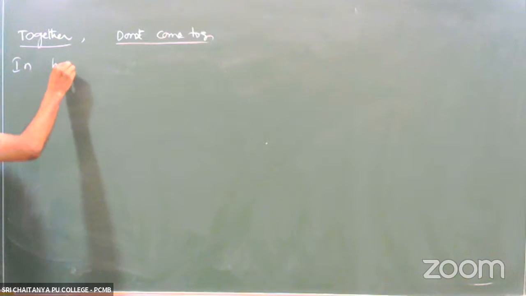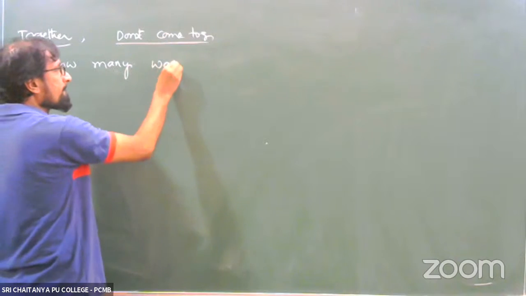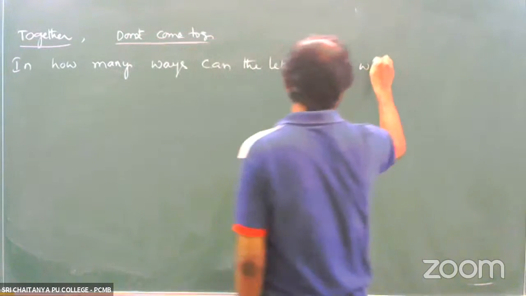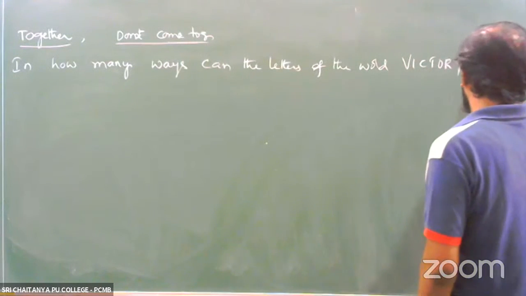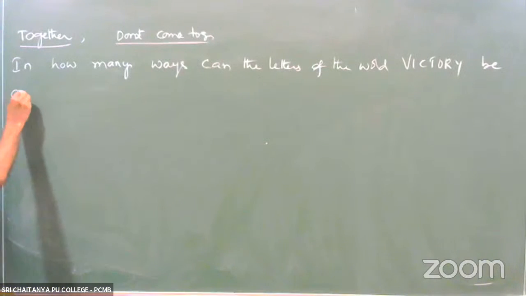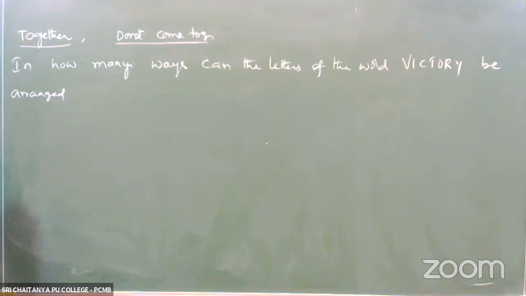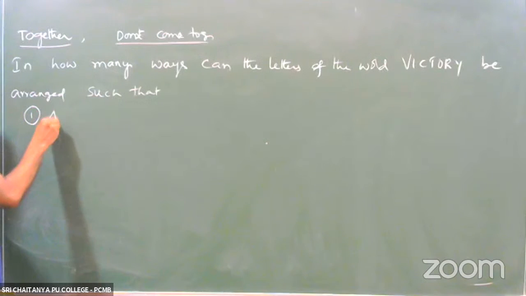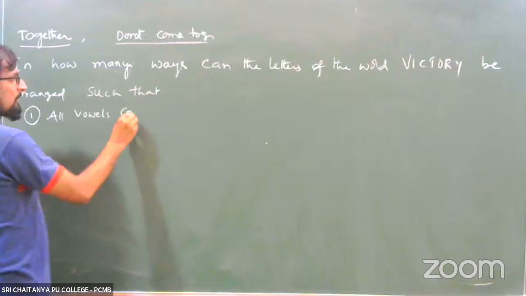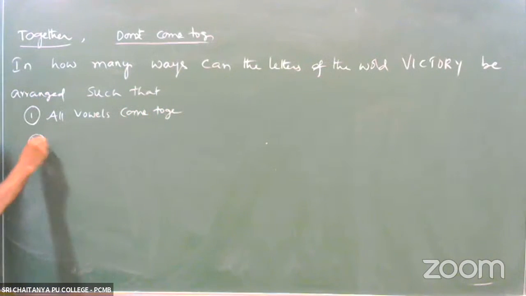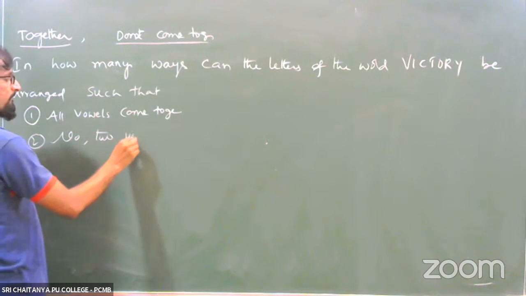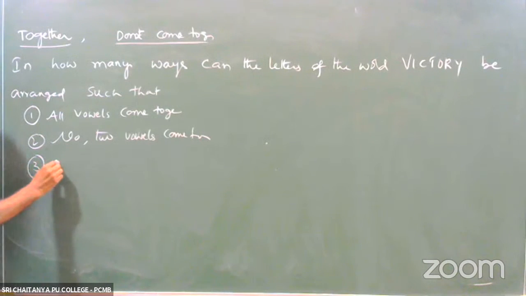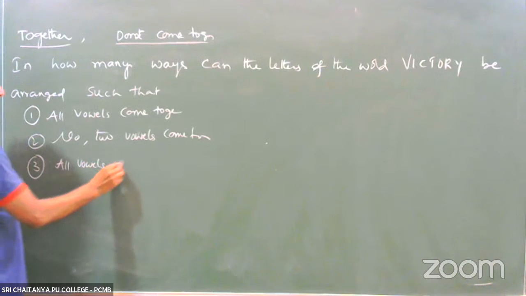In how many ways can the letters of the word victory be arranged such that, first problem, all vowels come together; no two vowels come together; all vowels do not come together.